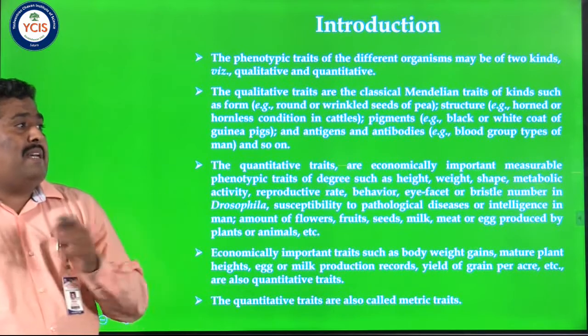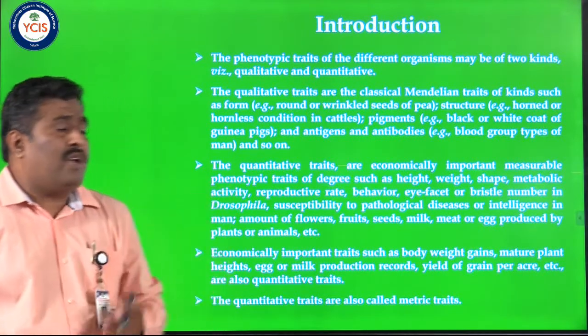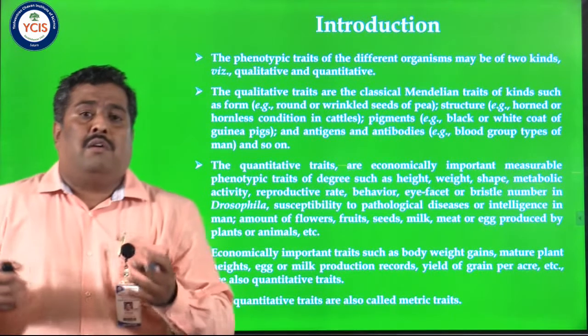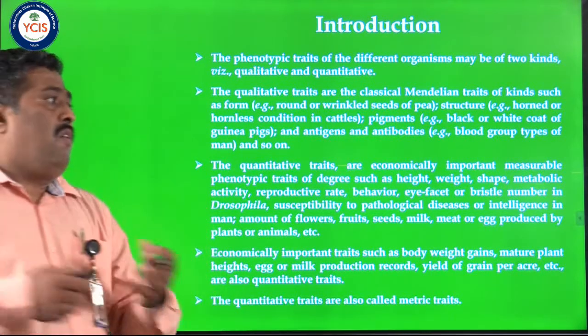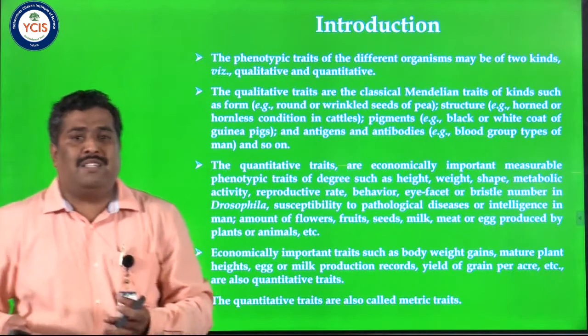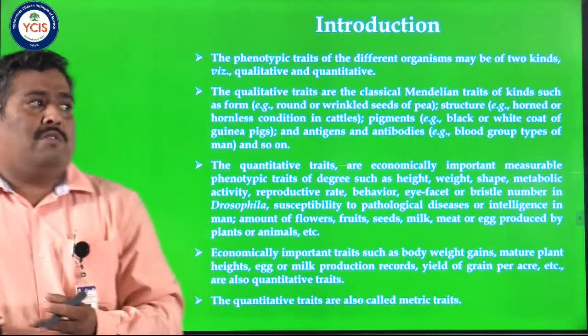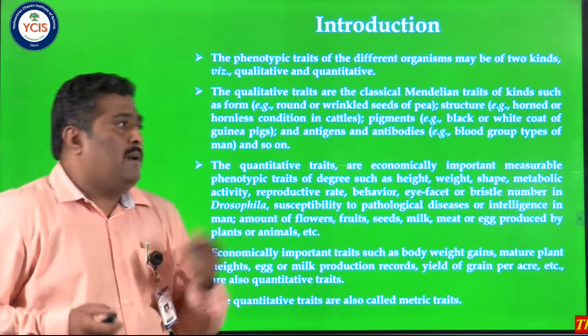Okay, so the classical Mendelian traits of their own kind, like round seeds or wrinkled seeds, then horned cows or hornless cows, the pigments like black or white coat color of the guinea pigs.